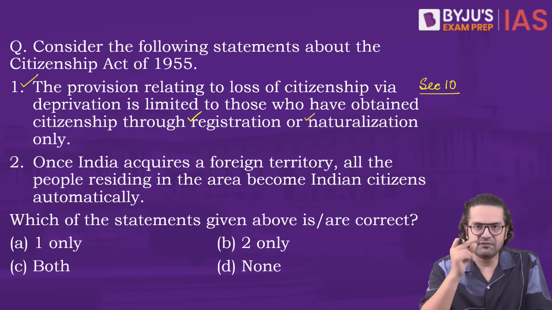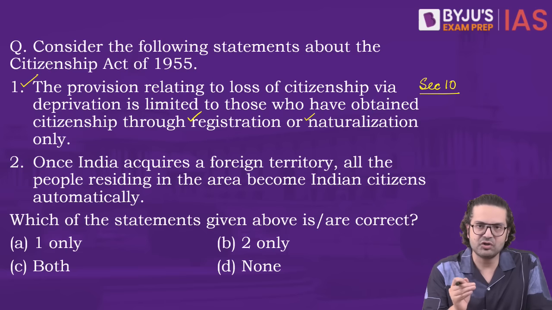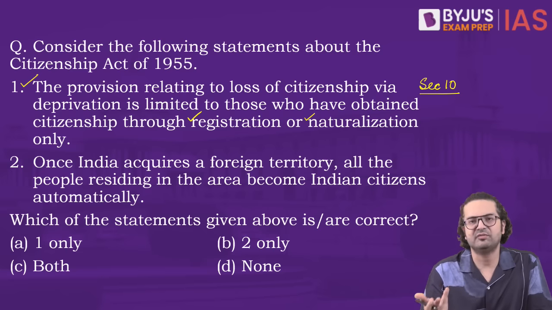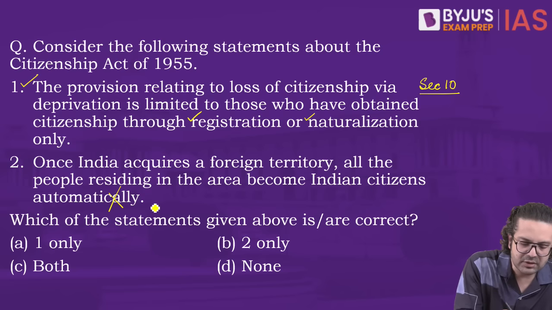Why? Because if India acquires any foreign territory, the central government has to issue a separate notification ensuring or providing for citizenship for those people of the area. Otherwise, they'll be stateless people. So it does not happen automatically. You need a separate notification for this.